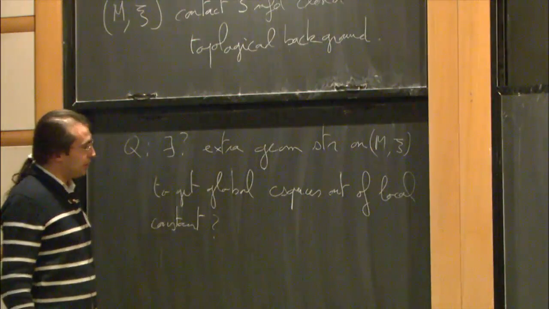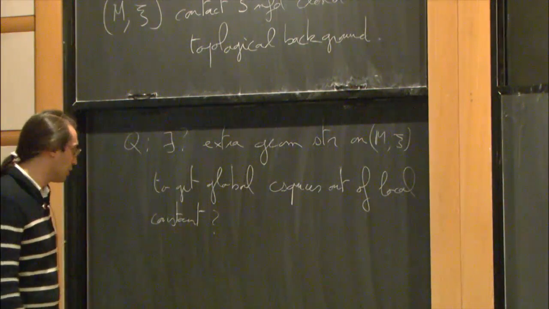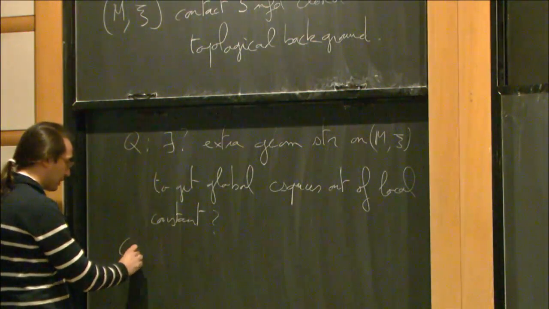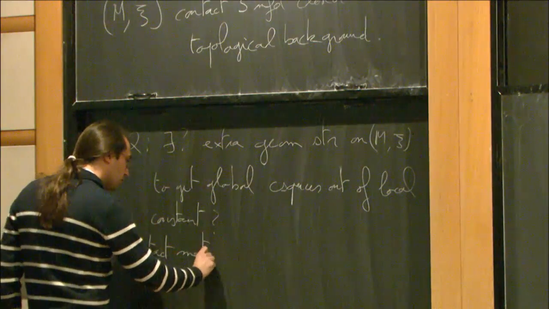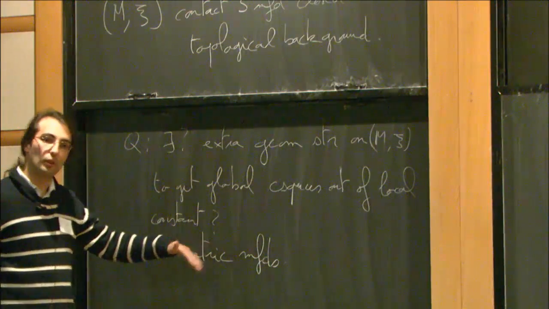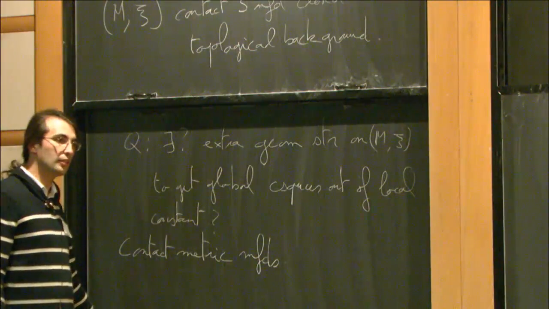There are many kinds of geometrical structure you can put on a contact manifold. Maybe you have the world of contact metric manifolds. Those are contact manifolds endowed with a Riemannian metric, which is special, and I'll come back to that later.